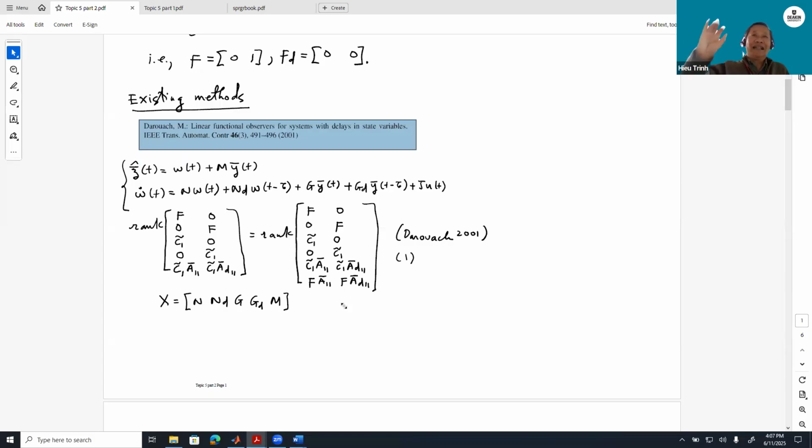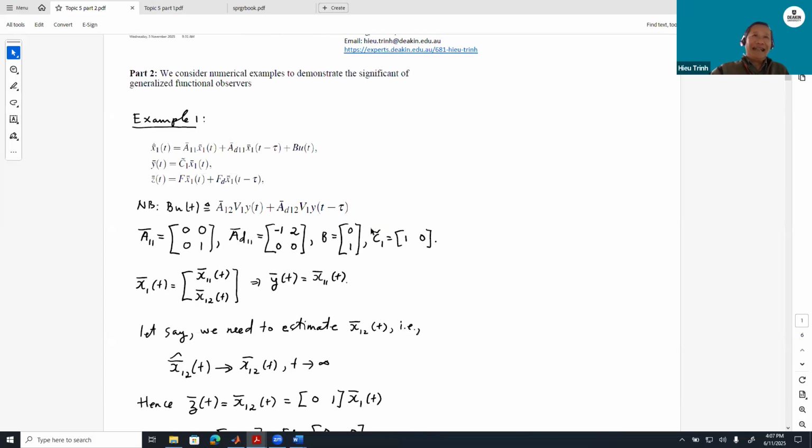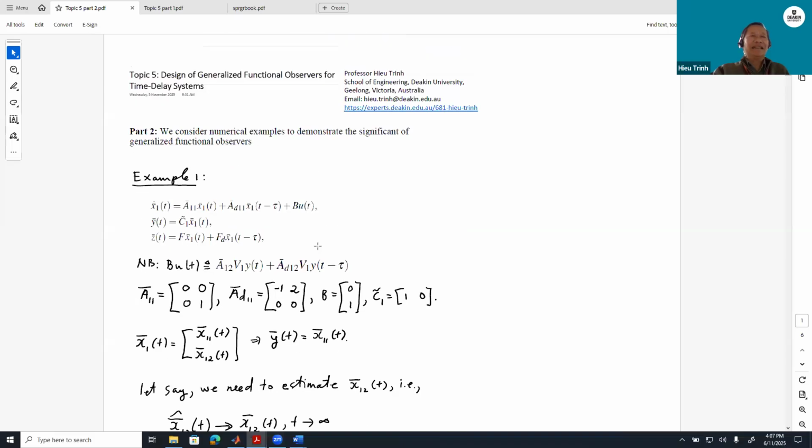We can expand it. And then with the introduction of the delay term in the functional, it can relax the observer existence condition, and it leads us to an observer with a higher dimension than the reduced system. So this is something very intriguing. That is something that we discovered along the way, and it's fascinating.